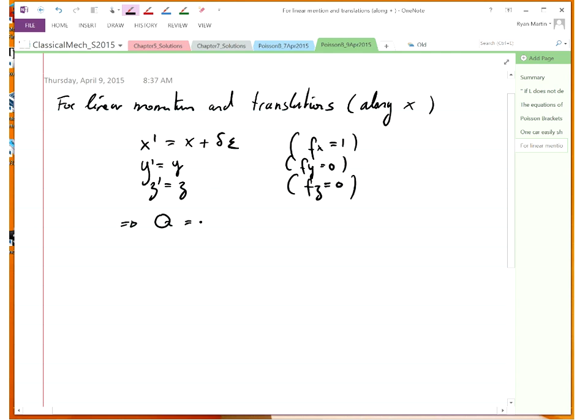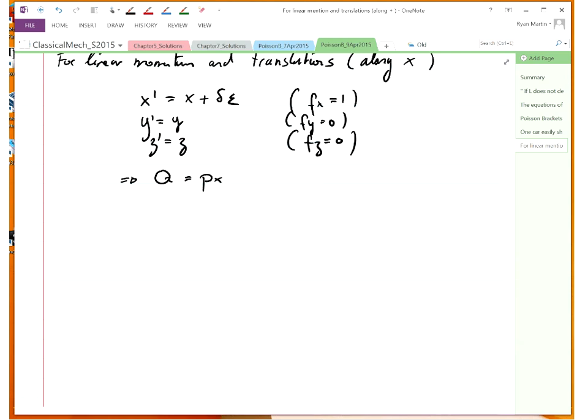So we know that the conserved quantity, Q, was given by Px. Now let's flip it around and see if we can figure out, given that the quantity that's conserved is Px, can we figure out the coefficients of the transformation? So can we figure out Fx, Fy, and Fz? We should be able to consider the Poisson bracket of the coordinates with Px.